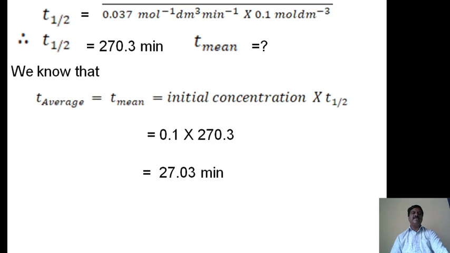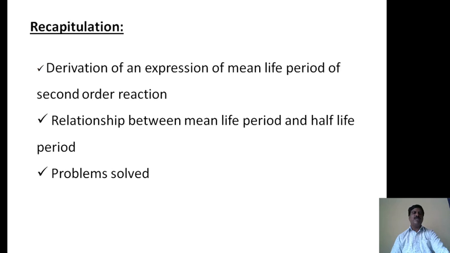I have solved only 3 different problems for practice purposes. You can practice other problems also. So far in this session we studied the derivation of an expression for the mean life period of a second order reaction, and the meaning of mean life period or average life period.